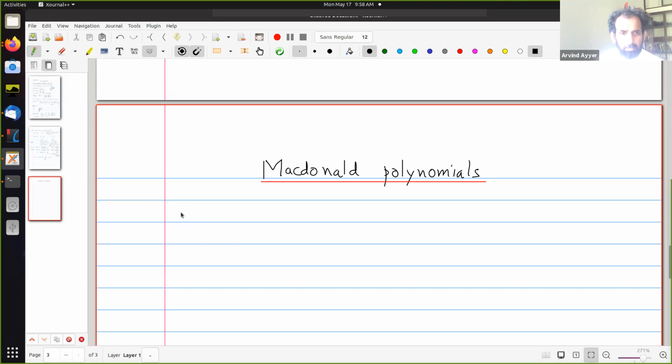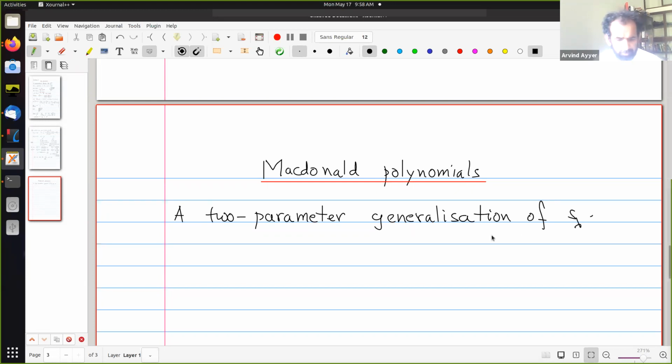So these are, as Amri mentioned, a two-parameter generalization of Schur functions.